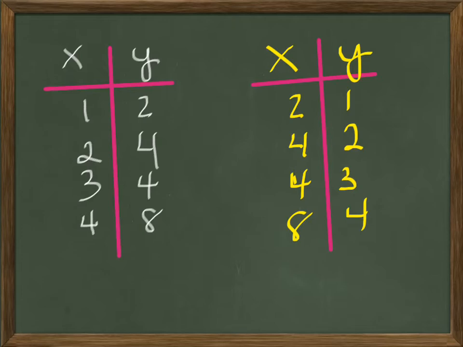The x values can't be repeated unless they have the same y value. Looking at its inverse, however, on the right, the inverse is not a function. Why? Because the x's repeat and the y value associated with them is different. So each of the x's in the yellow one does not have only one y value. As is obvious, 4 has two y values. 4 is paired with 2, and 4 is paired with 3.